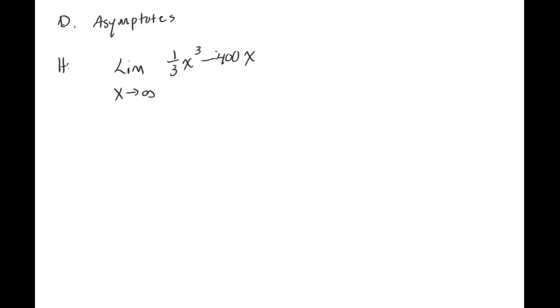This is a polynomial. I know from our discussion of infinite limits that this behaves like the leading term. So this is equal to the limit as x approaches infinity of 1/3 x cubed.